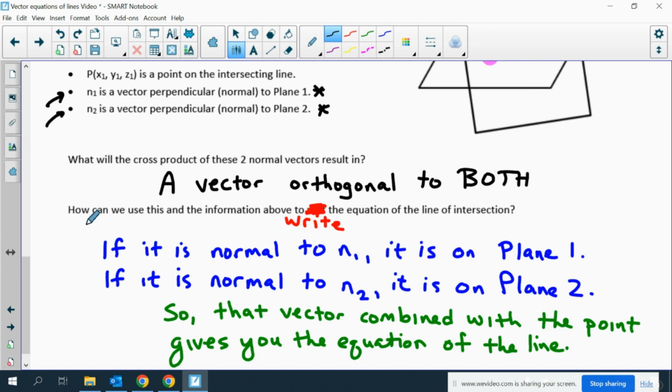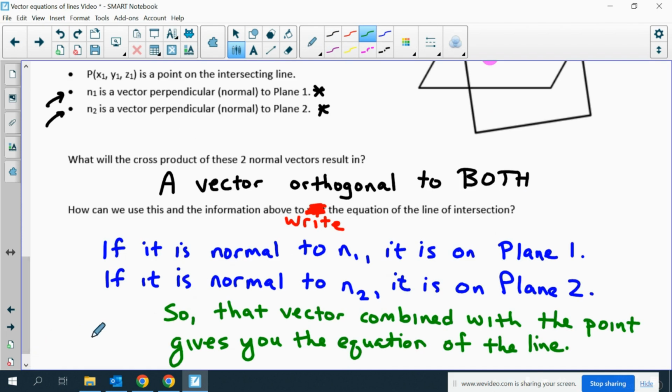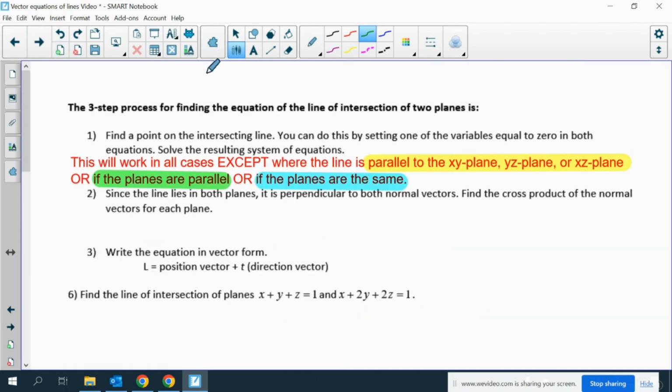So that vector will be a vector that is on this line, and therefore if we use this point and this vector, that gives us the line that is the representation of the intersection of both planes.